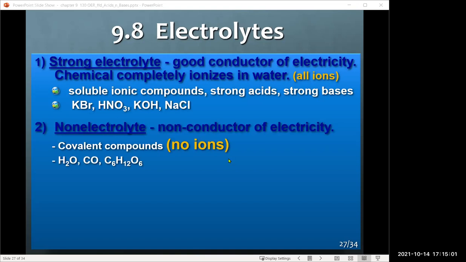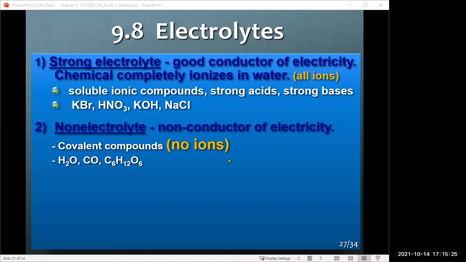Non-electrolytes are basically covalent compounds, with the exception of acids. HCl is a covalent compound, but because it's an acid, it does dissociate. So all the other covalent compounds, when they're placed in water, do not dissociate. Remember, covalent compounds share electrons compared to ionic compounds that actually don't share.